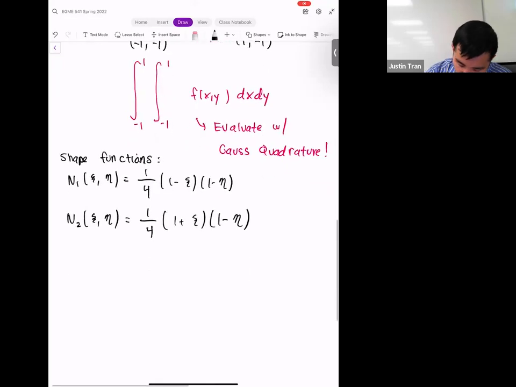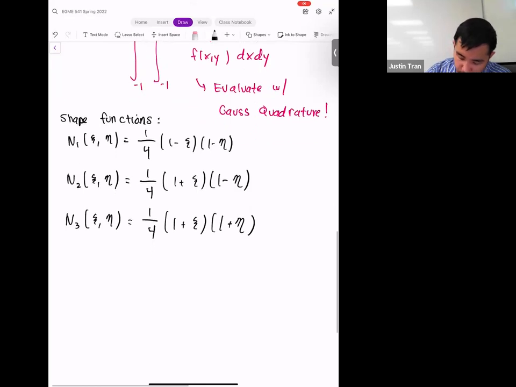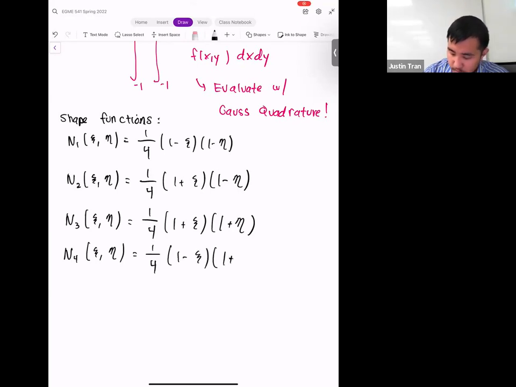N3 of epsilon and eta is 1 over 4, and we have a plus on both terms, so 1 plus epsilon, 1 plus eta. And finally, N4 is 1 over 4, 1 minus epsilon, 1 plus eta. So these are the 4 shape functions that correspond to our isoparametric element that we had above.